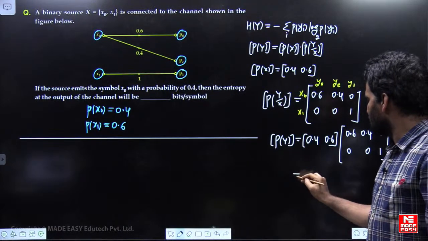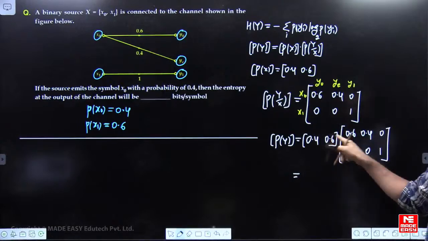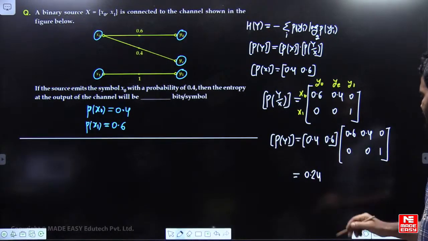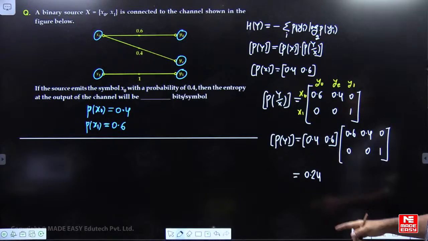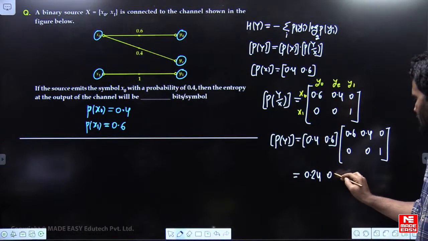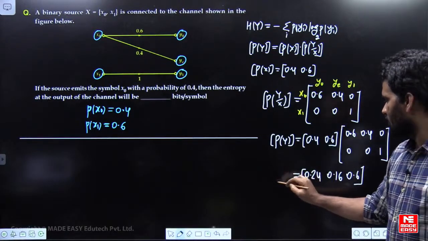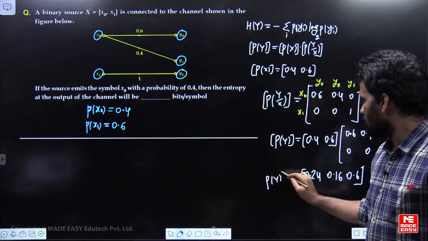If you do this matrix multiplication, multiplying these row elements with the column elements: 0.24, 0.4 into 0.6, 0.24. Next 0.16 and 0.6. These are the PY elements.